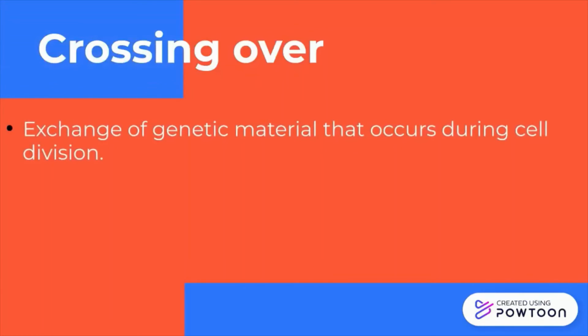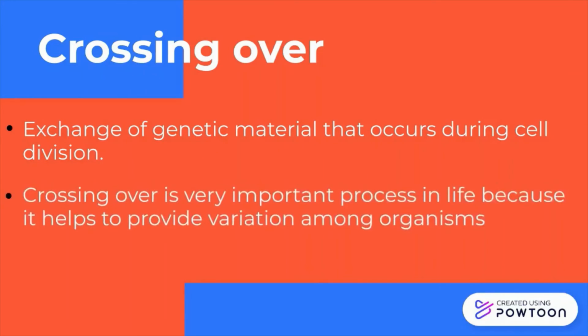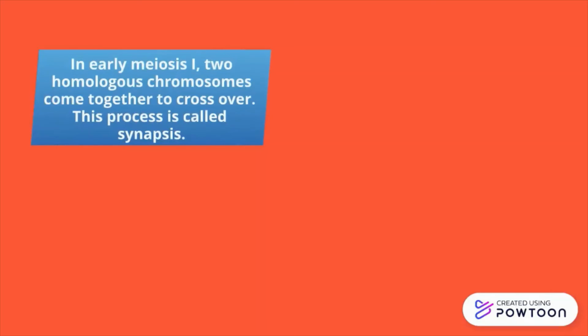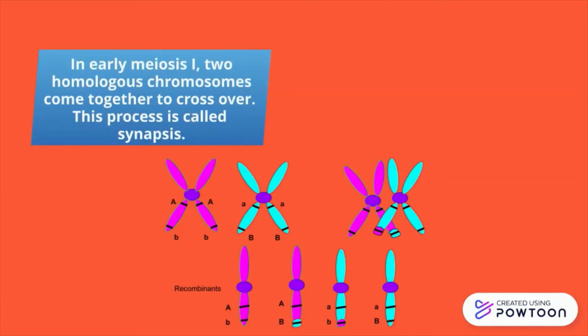Crossing over is the exchange of genetic material that occurs during cell division. Crossing over is also a very important process in life because it helps to provide variation among organisms. Before the crossing over, in an earlier stage of meiosis 1, two homologous chromosomes come together. This process is called synapsis.